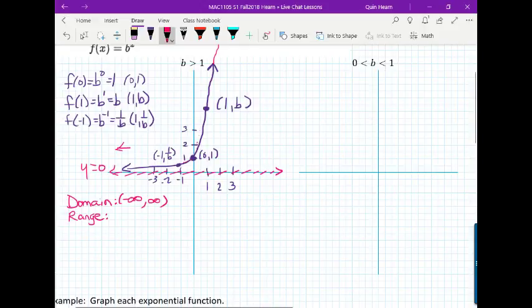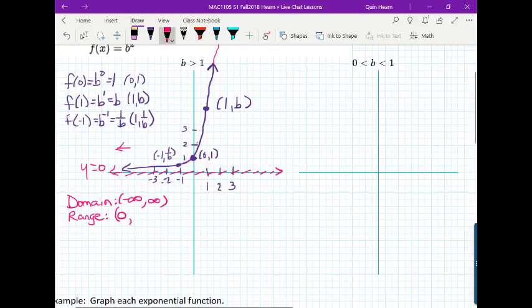Good, Jaylene, it is 0. So 0 is not actually in our range because there's a horizontal asymptote there we don't cross. So we're going to put a parenthesis, but it is the boundary, the lower boundary of the numbers that we'll include.